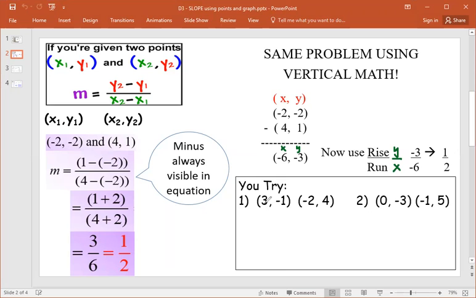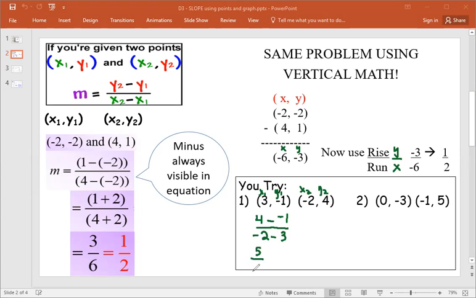All right, so with this first one, we're going to call this point 1. So x1, y1, x2, y2. So in using my formula, y2 minus y1 divided by x2 minus x1. 4 plus 1 is 5.